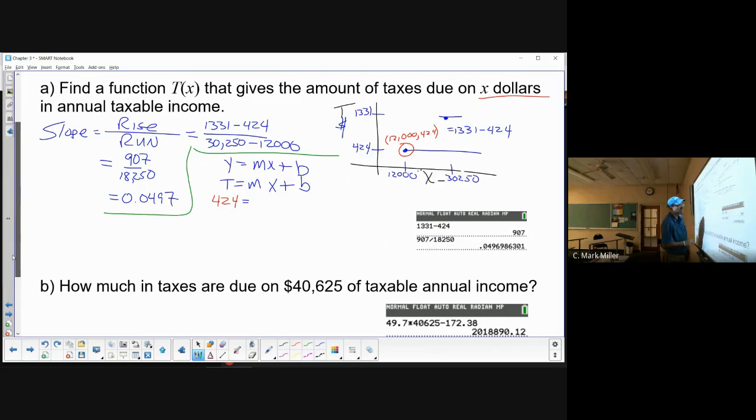Equal. The slope, 0.0497. The x value associated with that is 12,000. And I need the y-intercept b.